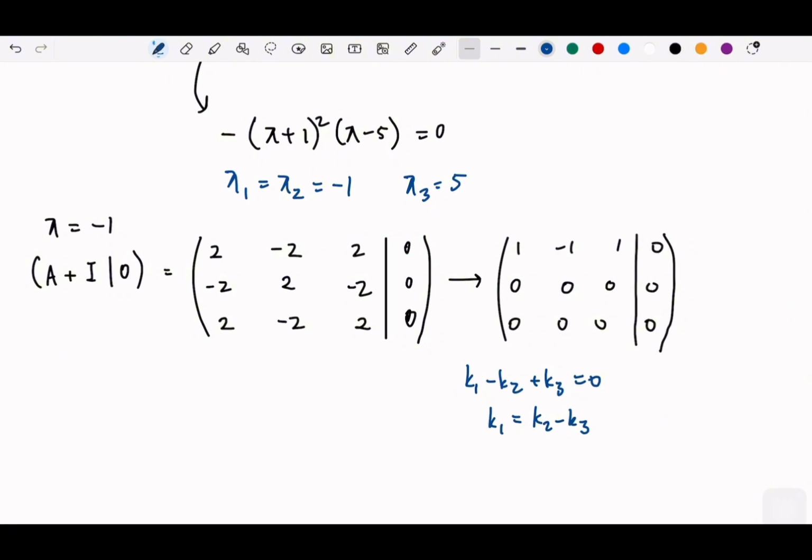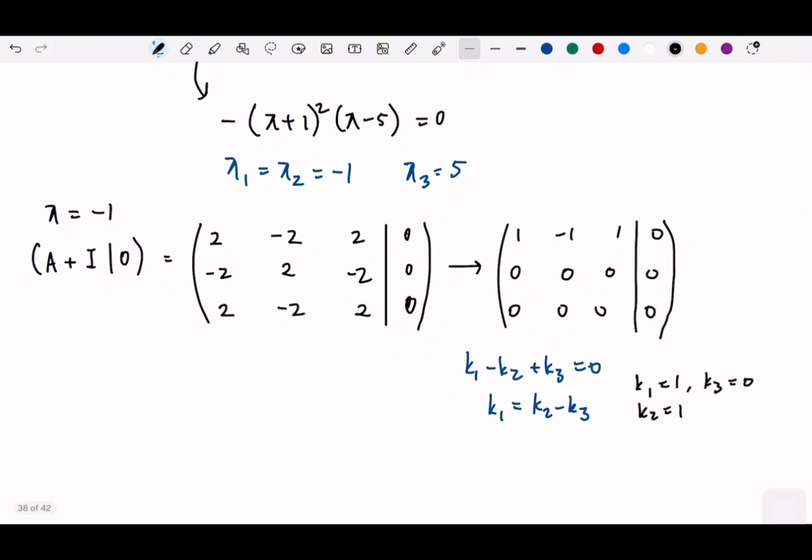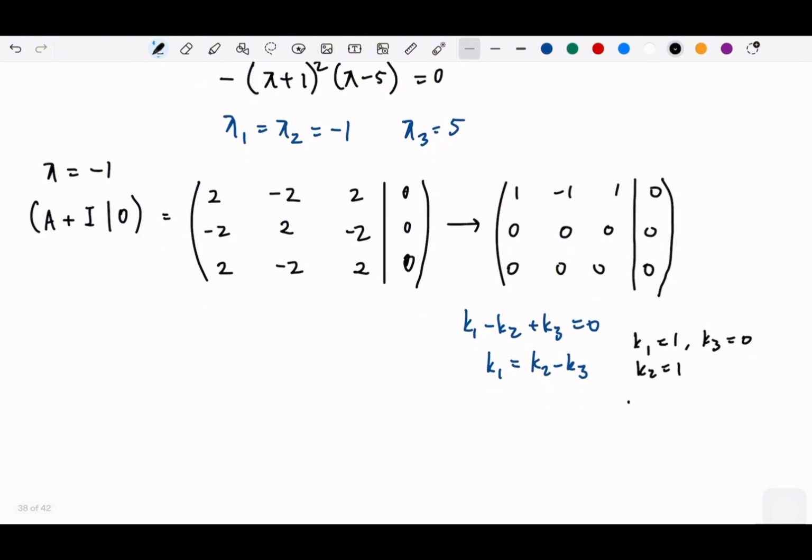Either we can have k2 equal 1, k3 equal 0, and k1 equal 1, or, for example, k1 equal 0, k2 equal 1, k3 equal 1. Okay.